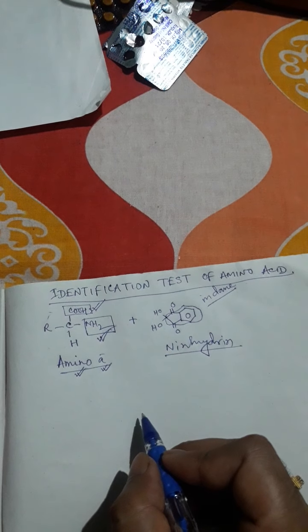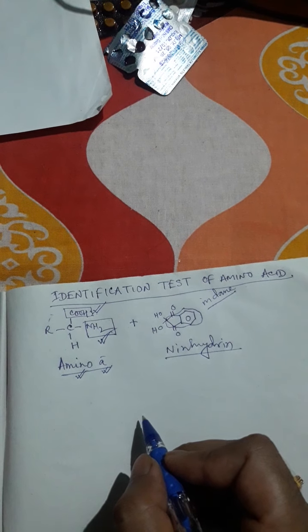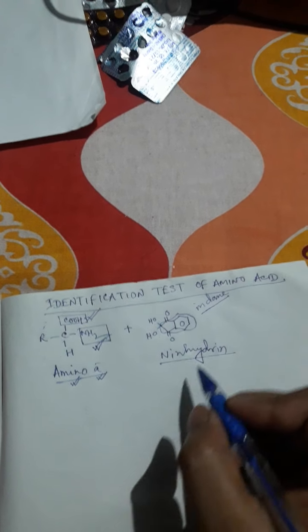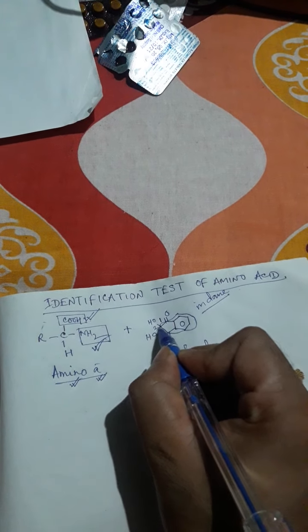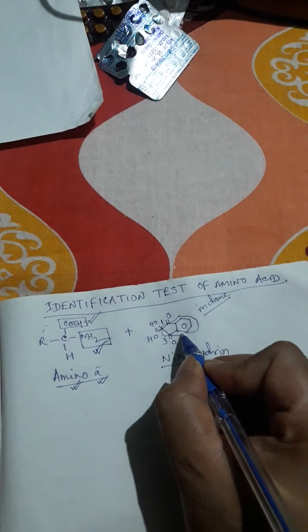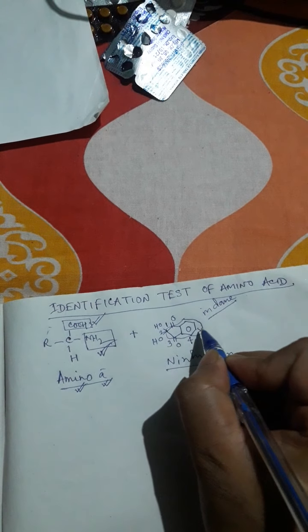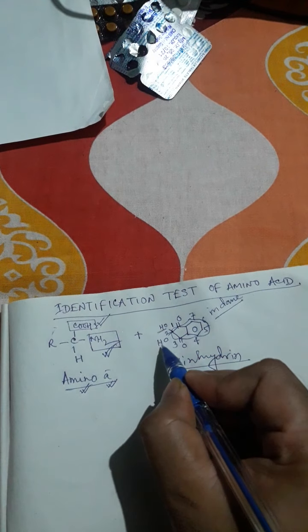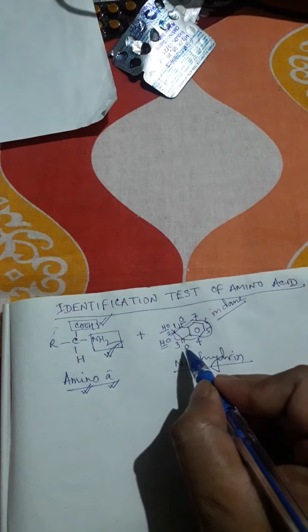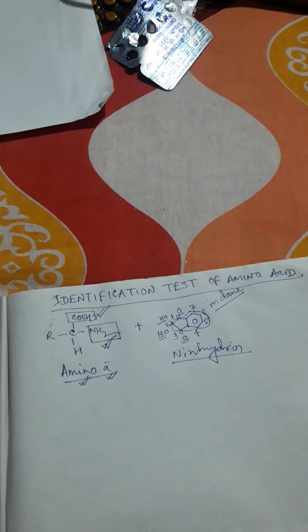Now, if you want to name ninhydrin, what will be the name? So name accordingly. This is position 1, this is 2, this is 3, like this 4, 5, 6 and 7. So you see position 2 contains 2 OH groups, and positions 1 and 3 contain 2 double bond O groups.